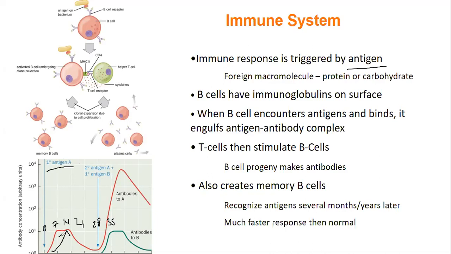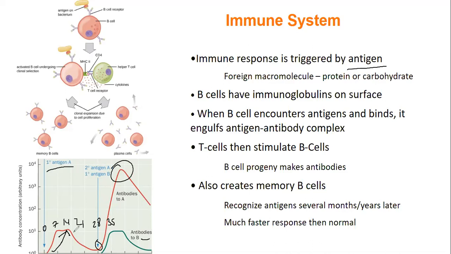You're also creating memory B cells that will just stick around in your bloodstream. What's happening at this little arrow in this picture is that we're getting infected again by the same thing. Since we already have memory B cells floating around that create antibodies for things we've seen before, our production of antibodies for this macromolecule will skyrocket at a very fast rate.